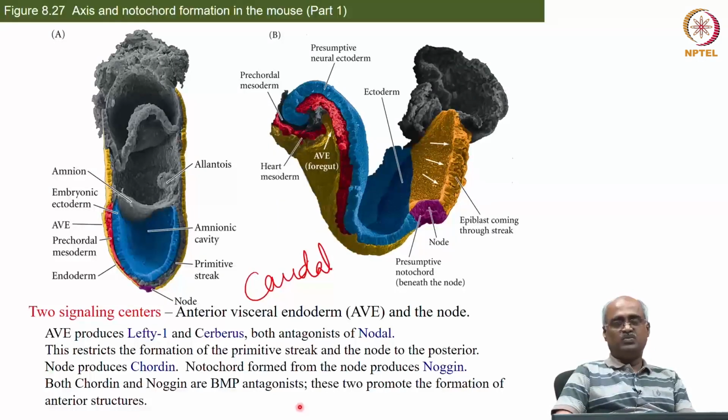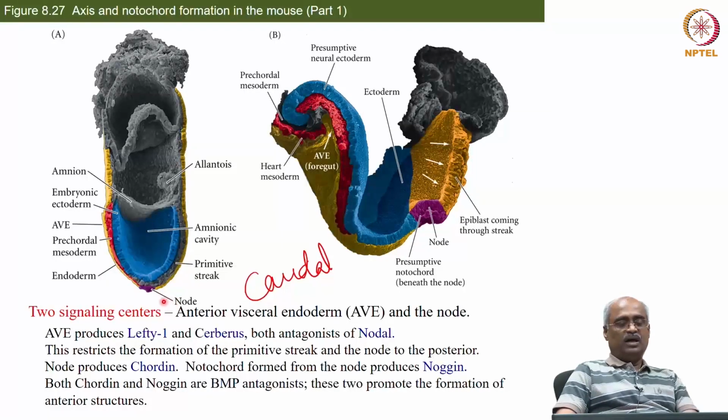We haven't understood this process in as much detail as we saw in Drosophila anterior posterior axis formation, but some basic details are emerging already. For example, this AVE produces Lefty and Cerberus proteins, and these produced here antagonize Nodal expressed in the epiblast cells, and therefore Nodal is not going to be expressed in this area, and that seems to be key for positioning the node and primitive streak in this part and not here.